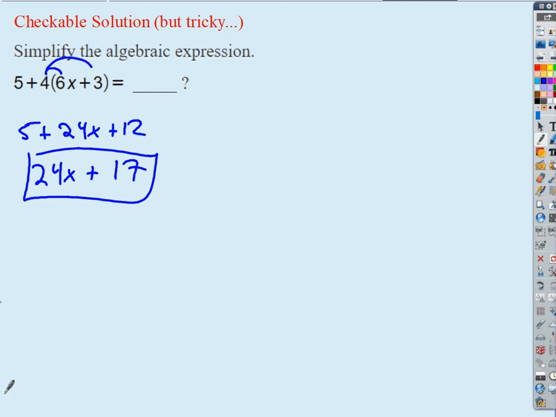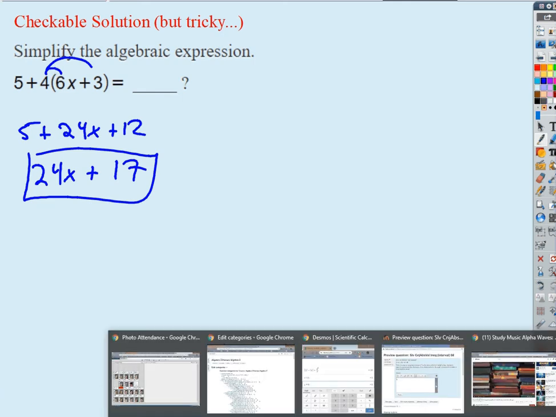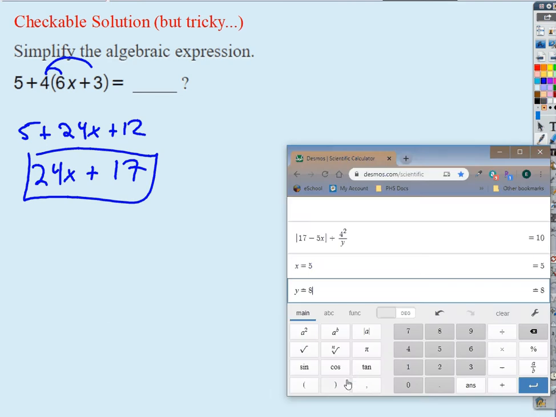So in Desmos, it would just look like this. Before, I had 5 plus 4 times the quantity 6x plus 3. After, I had 24x plus 17. And let's just try that for x equals, throw out a number, 17.